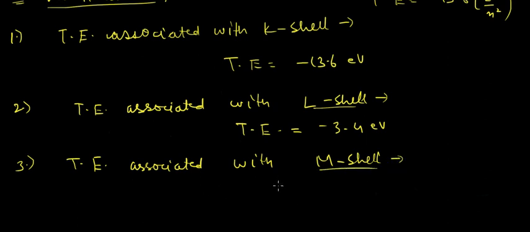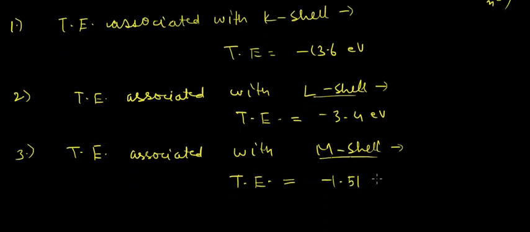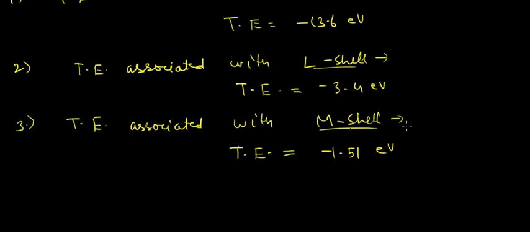So for M shell, put N equals to 3, so you will get total energy equals to minus 13.6 upon 9, so it would be minus 1.51 electron volt per atom. I missed the term per atom, I can just write it.